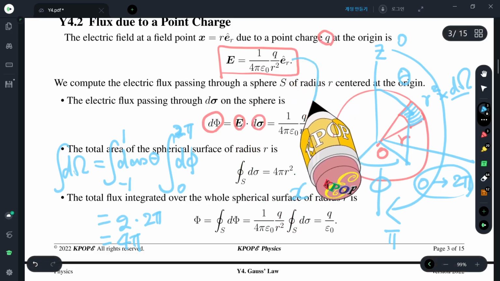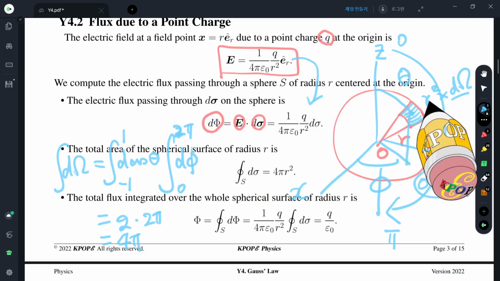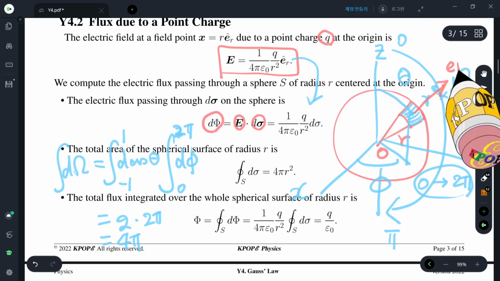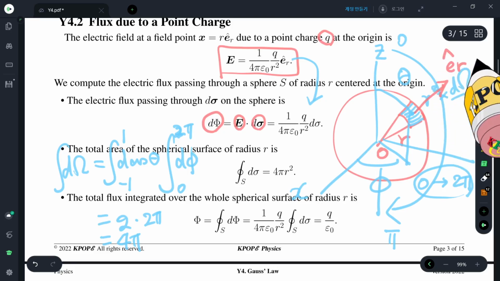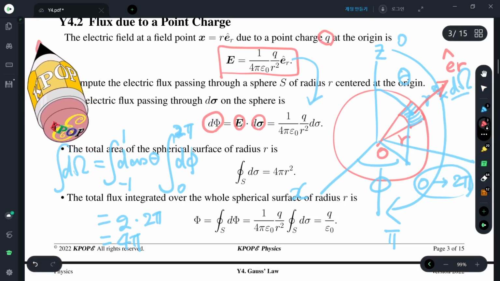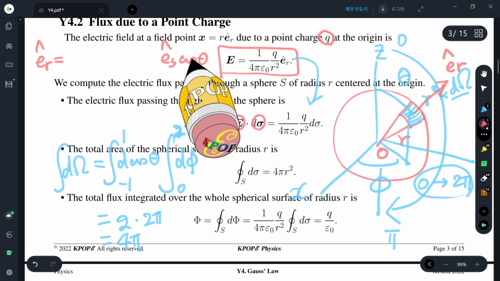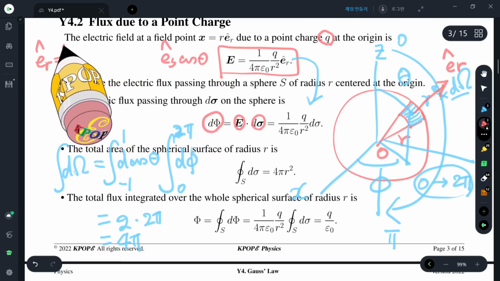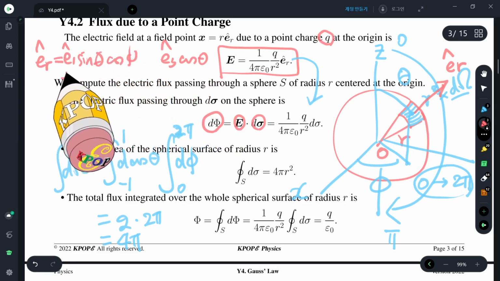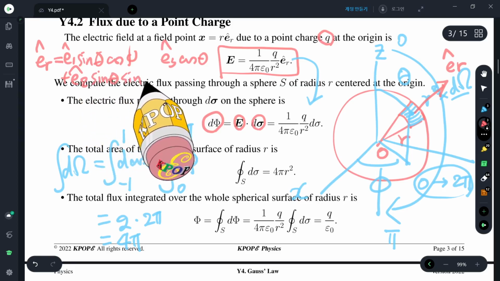If we copy this in here and use the fact that this sigma is parallel to the radial vector, the unit radial vector in the spherical polar coordinate system is e3 cosine theta, e1 sine theta cosine phi, e2 sine theta sine phi.